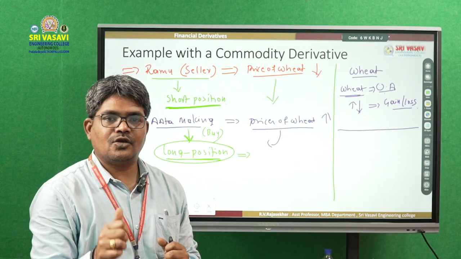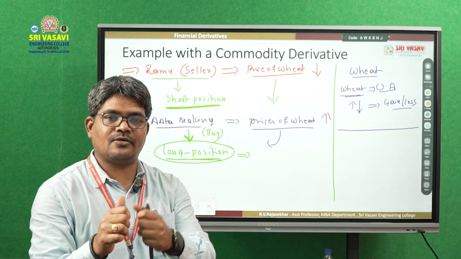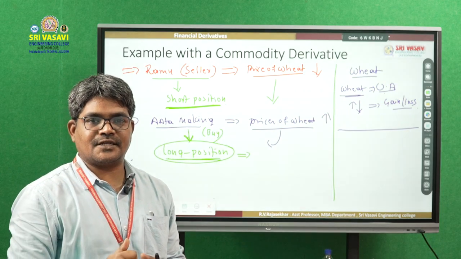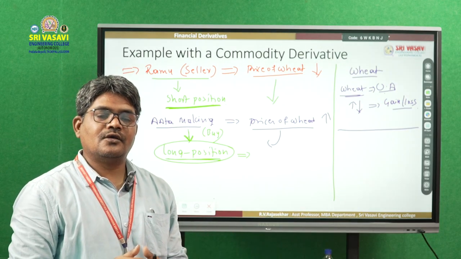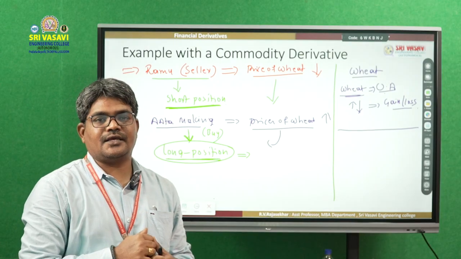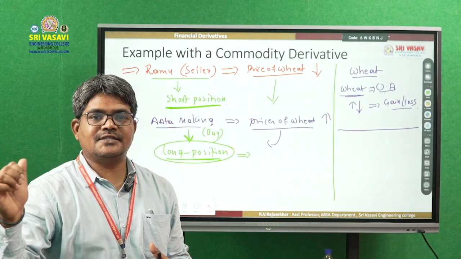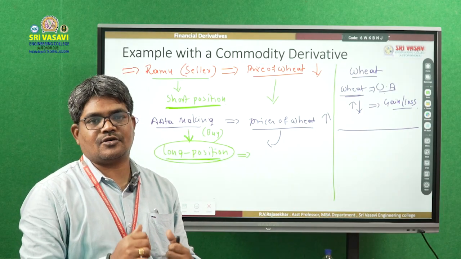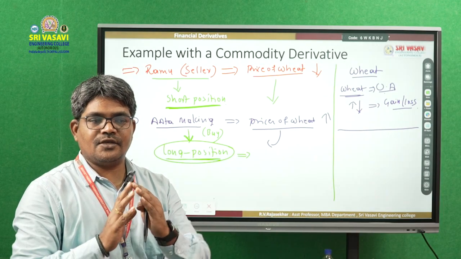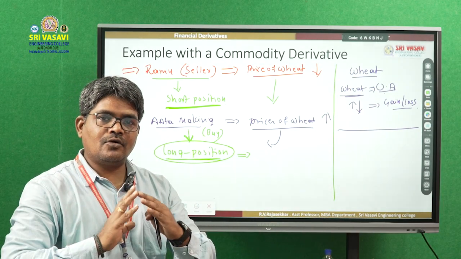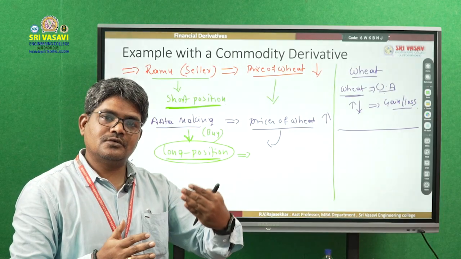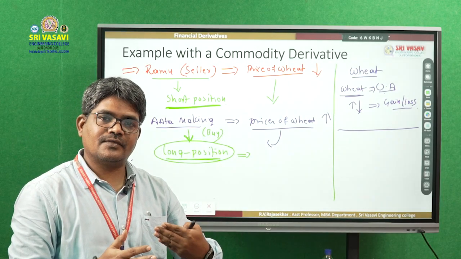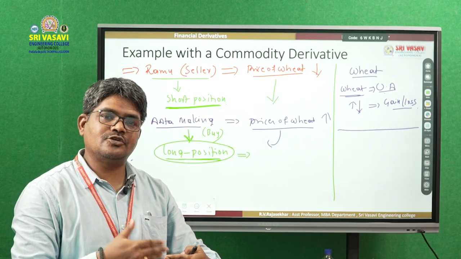If you feel crude oil is risky, then you make crude oil the underlying asset. If you feel wheat price is risky, then you take wheat as the underlying asset. If you feel ICICI stock is risky, then you make ICICI stock the underlying asset. That's why you need to take the most appropriate asset to cover the risk. What is the most appropriate asset? The asset where you assume the risk.